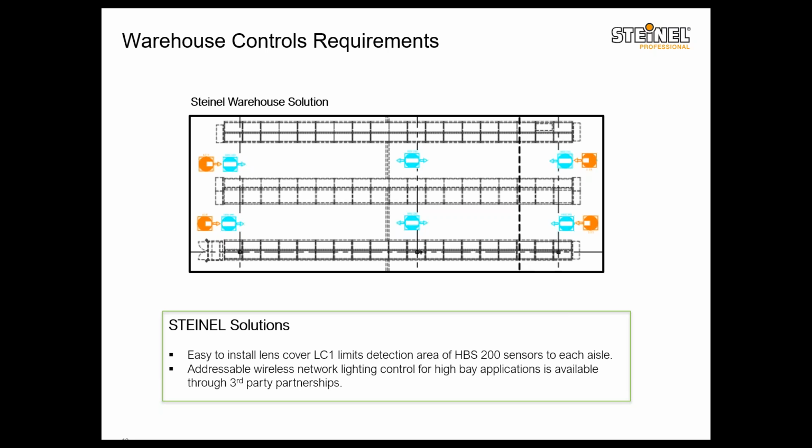And in case you want to have some sort of digital lighting control network in your warehouse, then we have addressable high bay sensors available that we can use in solutions with our third-party partners, which you can get in touch with us about, for the details of how that partnership works and how you can have access to that kind of solution.